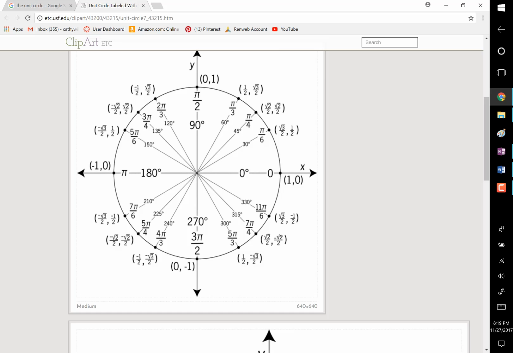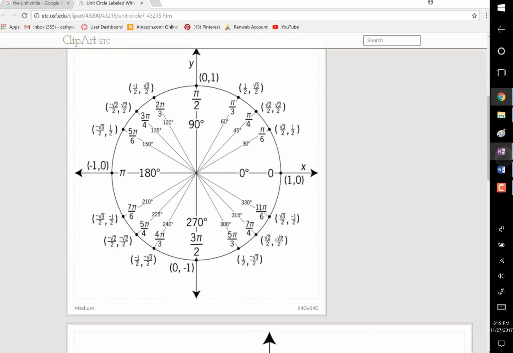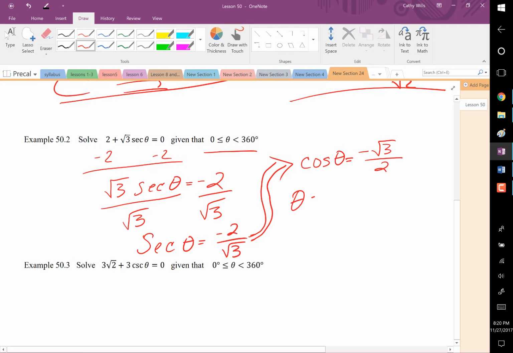So 150 and 210. Those are the values for theta. Those are the two values that make that equation a true statement, because cosine 150 is negative square root of 3 over 2, and cosine 210 is negative square root of 3 over 2, and those are the only angles between 0 and 360 that have that value.